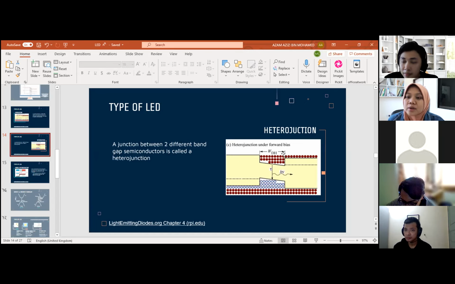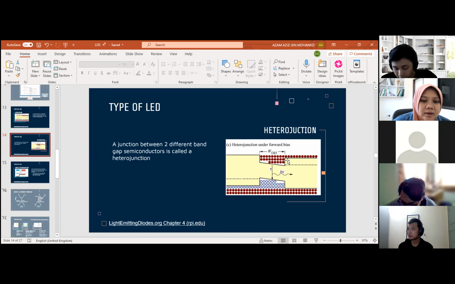Okay, how about how it works, of the heterojunction and a quantum well LED? Is it the same? What's the point of having a quantum well? The quantum well has several levels inside it.